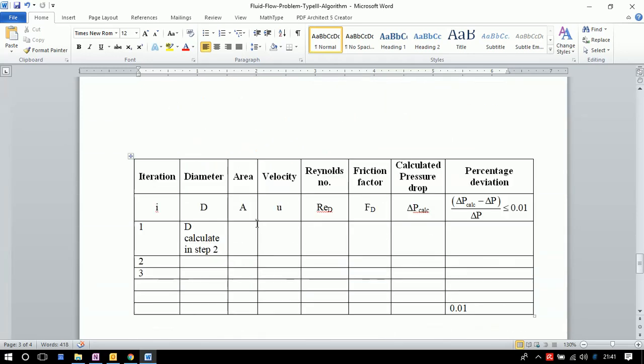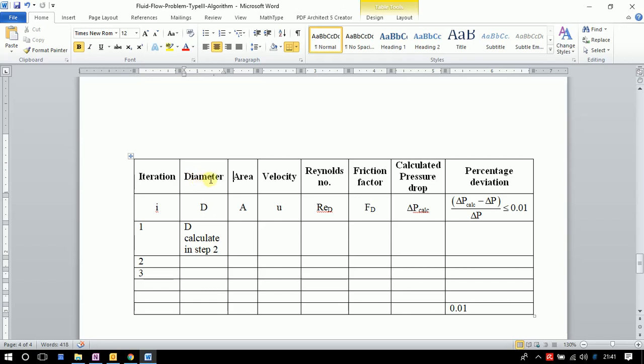So this can be easily shown in the form of a tabular column. So I have an iteration, I guess the diameter, this is the cross-sectional area, this is velocity, this is the pipe flow Reynolds number, this is friction factor, calculated pressure drop, and this is a comparison between the calculated pressure drop and the given pressure drop in the problem statement.